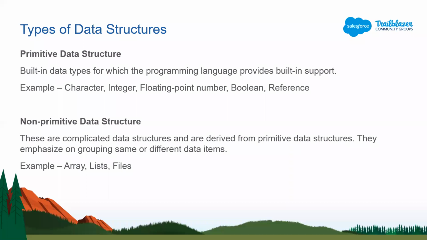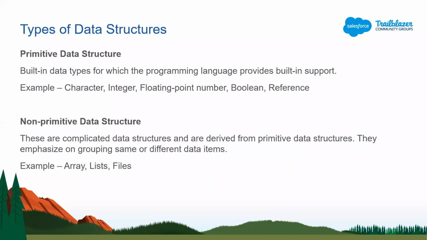For example, some common primitive data structures provided by any programming language are character, integer, floating point, which is nothing but decimal numbers, boolean, which is true and false, and reference, which is the pointer to the memory.